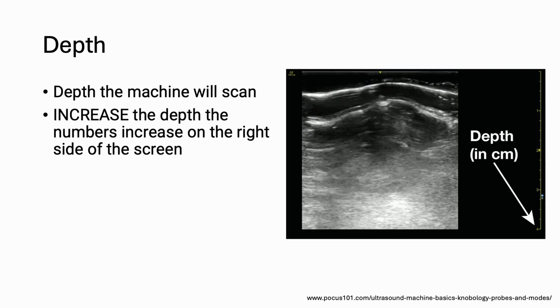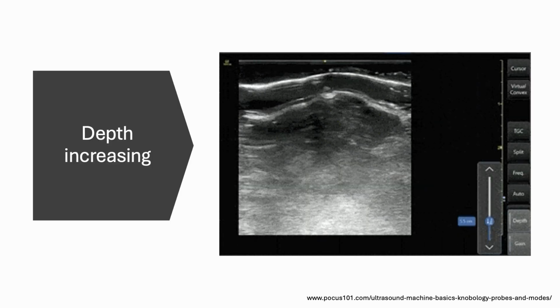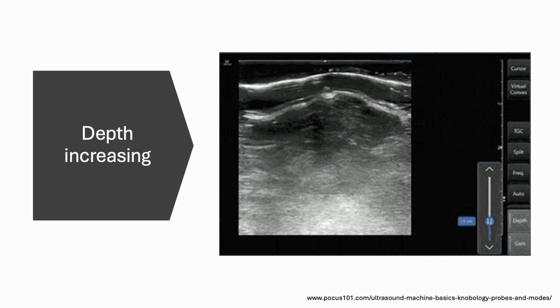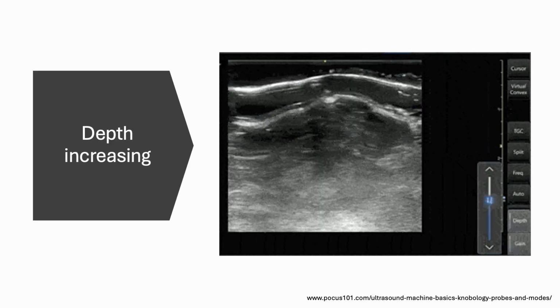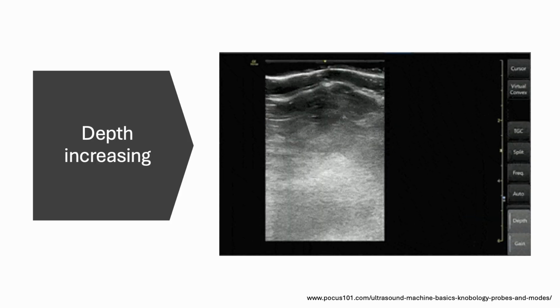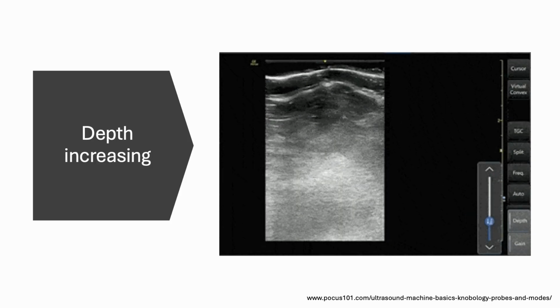This is where the sound waves are able to focus, and the depth that it will scan. In this, you can see that the depth is increasing, and so it starts off showing just a small portion of the scan, and then as it's increasing, you can see that it is showing more of the area.